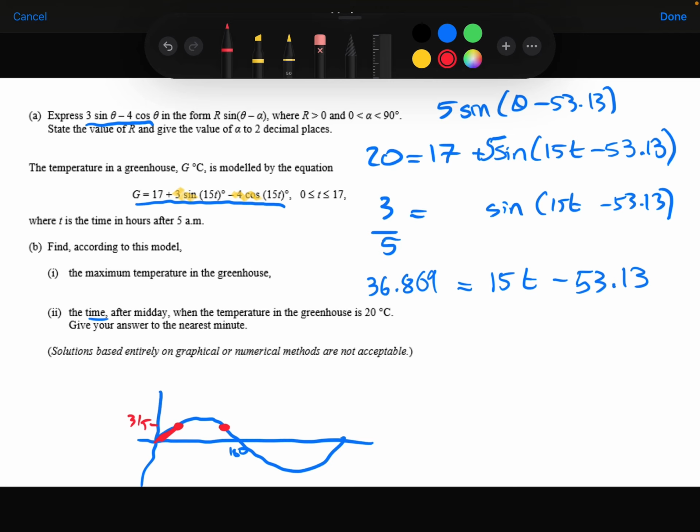We could have another answer that's 180 minus that, which would be 143.130. And there could also be other solutions over here as well that I could possibly need: 360 plus that, or 540 minus that. We could need those other ones, possibly.